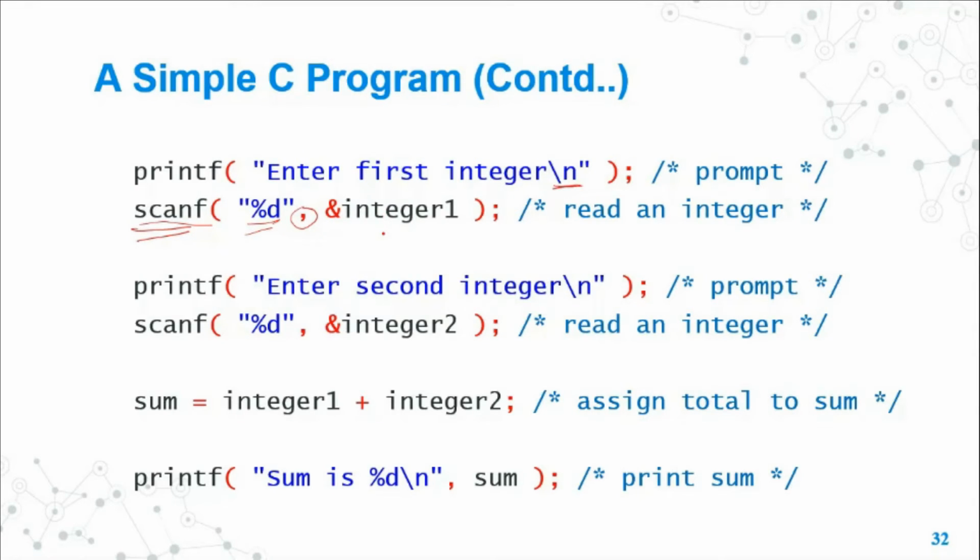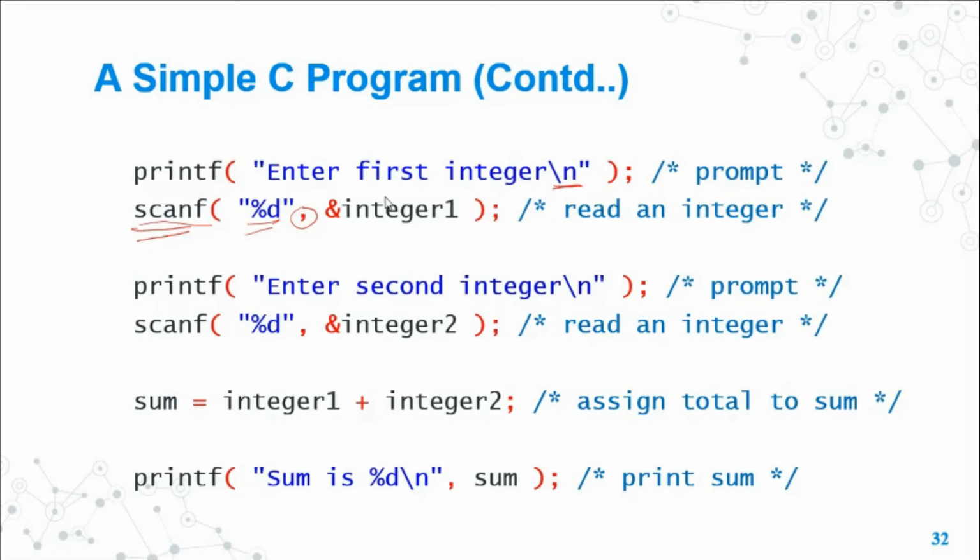The address of this integer means the integer is stored inside the memory, and each memory location has a particular address associated with it, which we have seen in the first module while discussing computer systems.